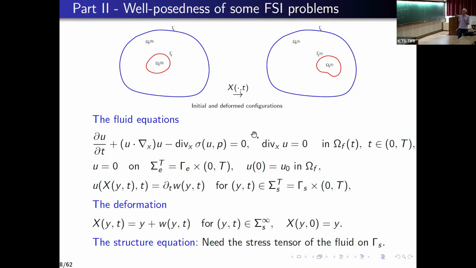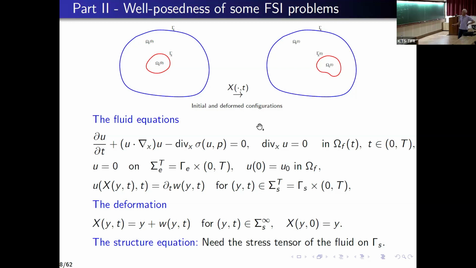So W is the displacement of the elastic body. And so the transformation here, which transforms the domain at initial time into the domain at time t, is the identity at the boundary. Yeah, it's the identity plus the displacement of the elastic body.